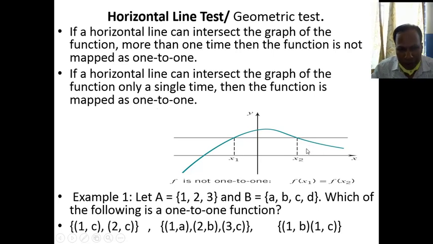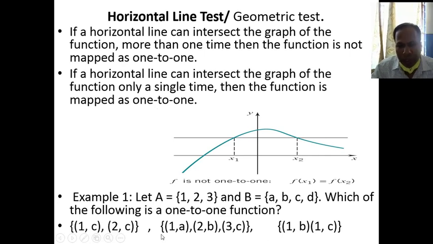Taking one example, let set A contain 3 elements, 1, 2, 3, and set B contain 4 elements, a, b, c, d. That means this is the domain set and this is the codomain set. Now some relations are defined.